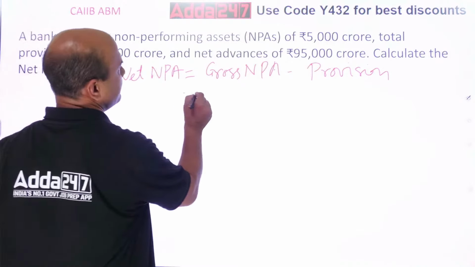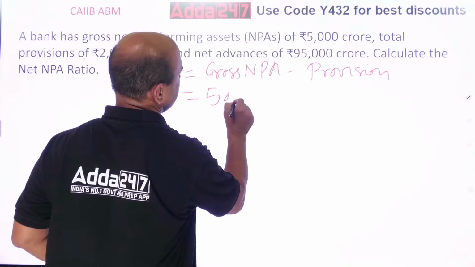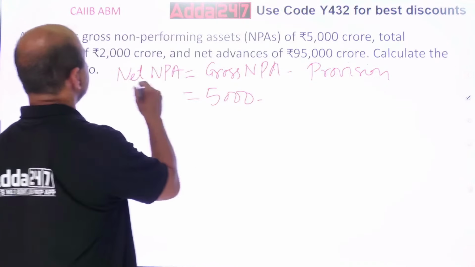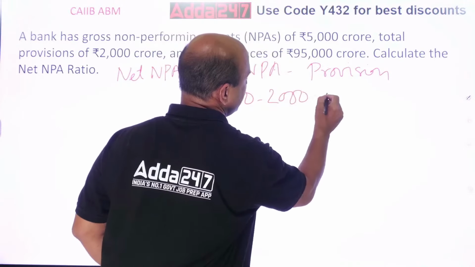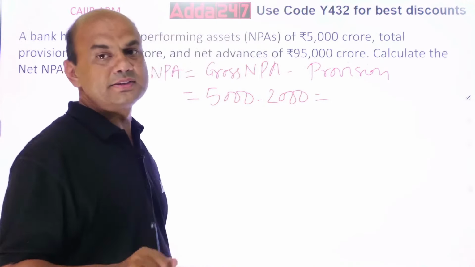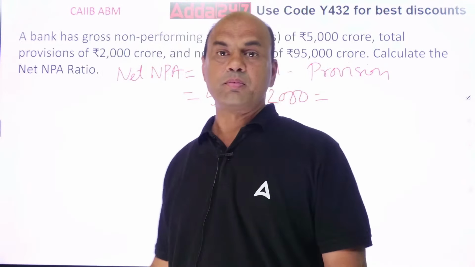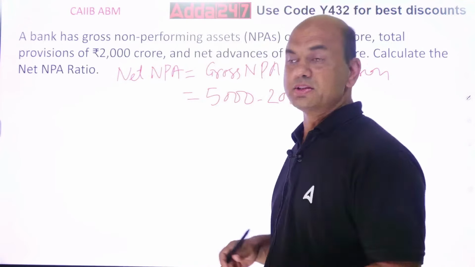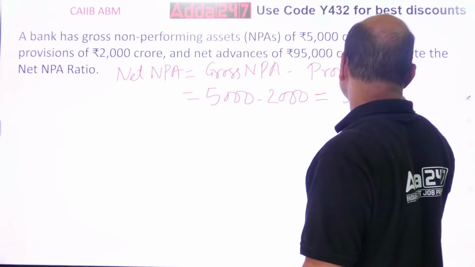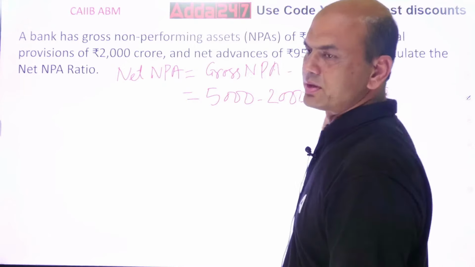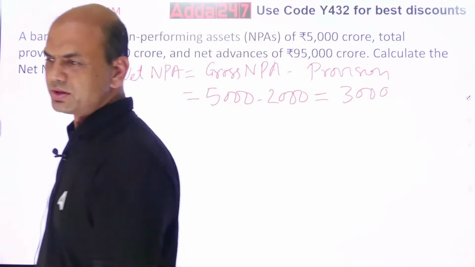Gross NPA 5,000 minus 2,000. Very important numericals. You will not find these in many of the books, because books don't cover such difficult ones. 3,000. Of course, crores I am not writing anywhere, but basically it's crores only.